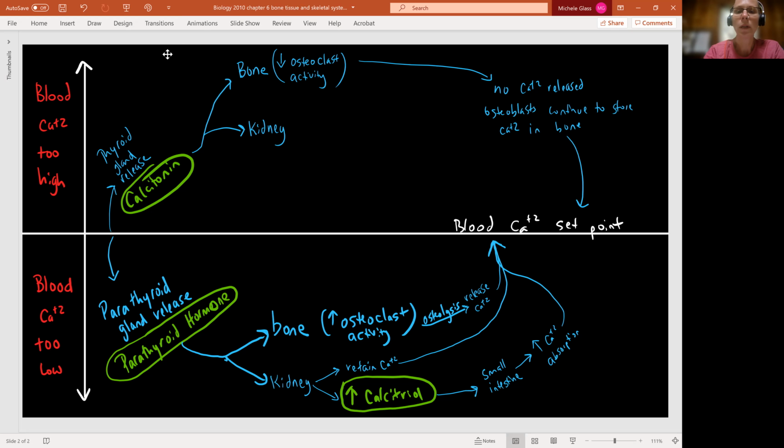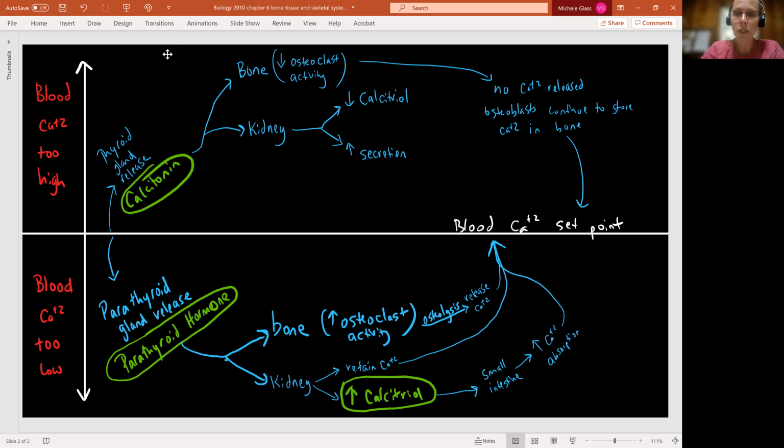Okay, when we look at the kidney, we see that we have two effects. So one is to actually reduce the amount of calcitriol being produced. And then the other effect is to increase secretion.